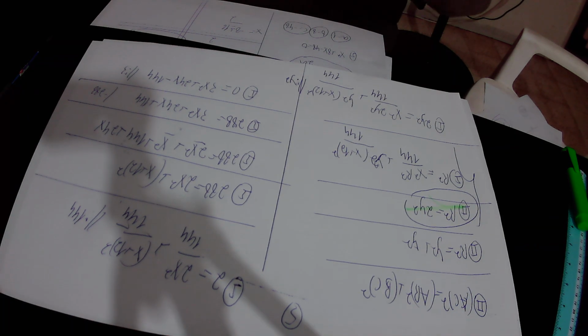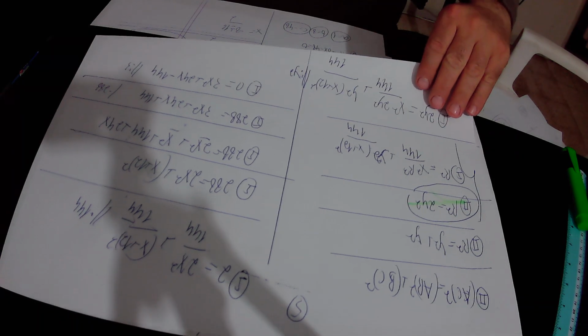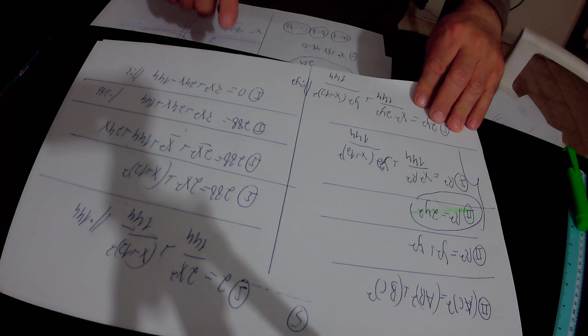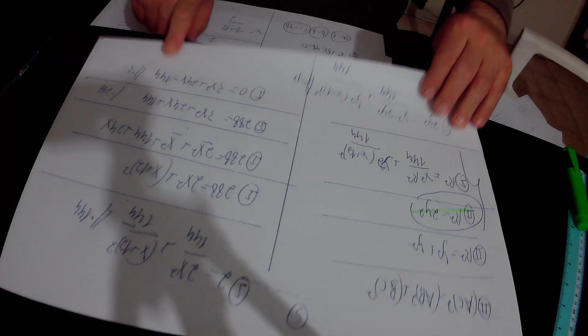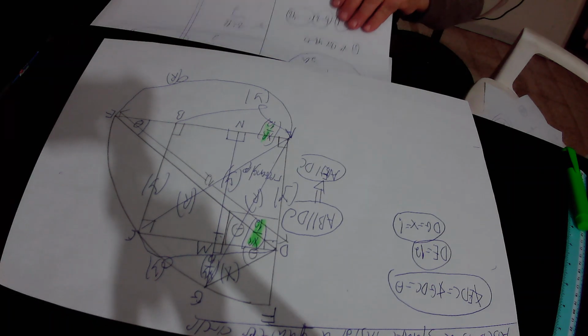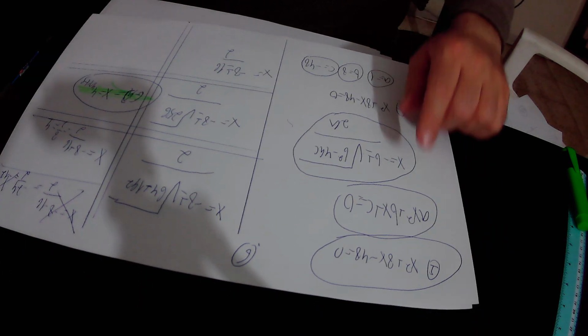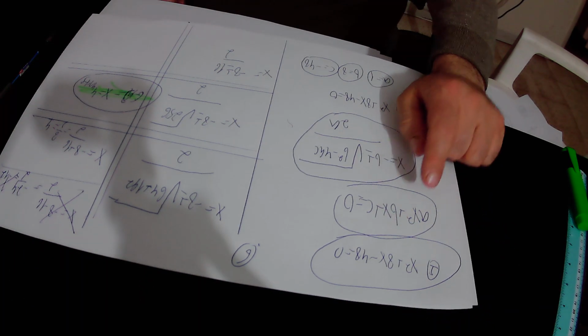Here we divided this equation 1 by 3, and finally found out that 3x squared over 3 is x squared, 24x over 3 is 8x, minus 144 over 3 is minus 48. So actually, I found out that x squared plus 8x minus 48 equals to 0.